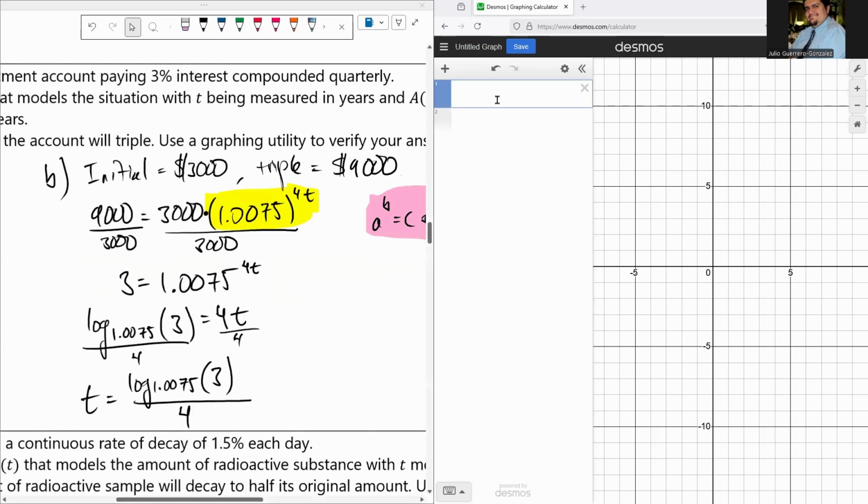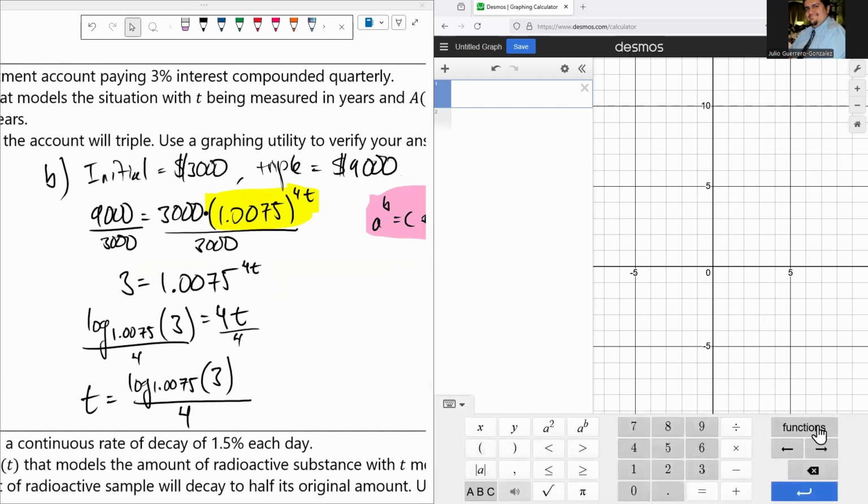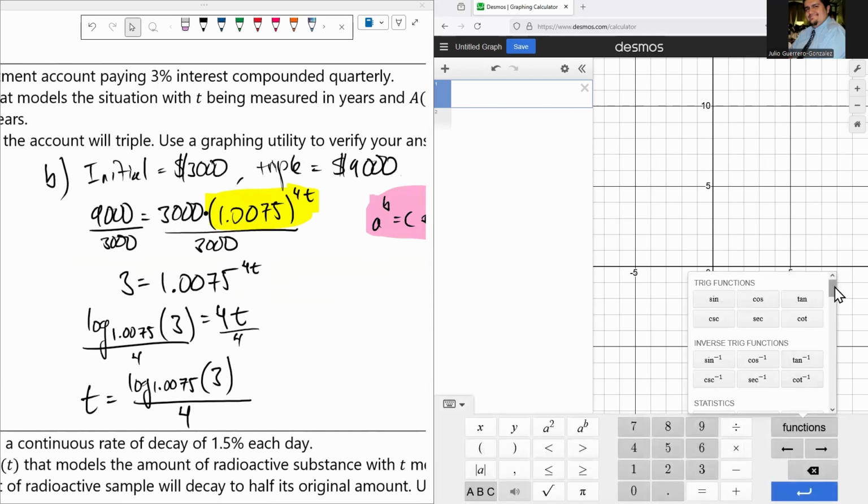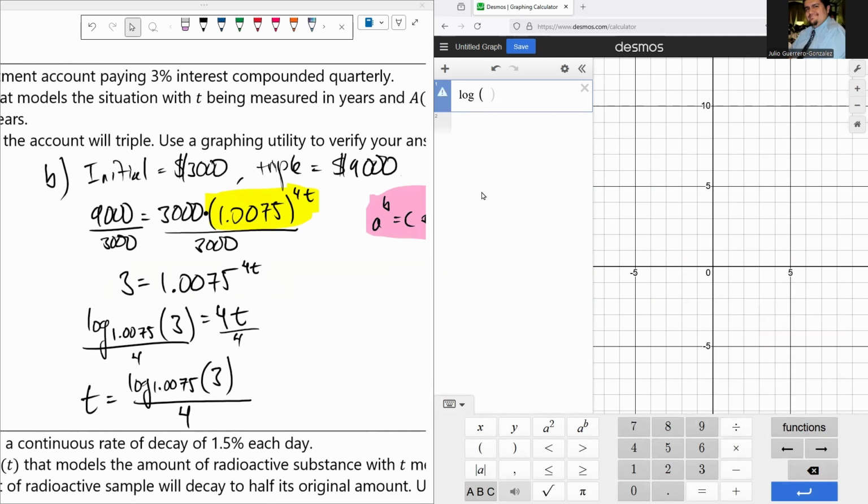Okay, you guys see how down here there's that keyboard that can pop up, right? We have functions. Scroll all the way down until you get to log. You see this one that says log base a? It allows you to put in a subscript there, right? So 1.0075 is my base.